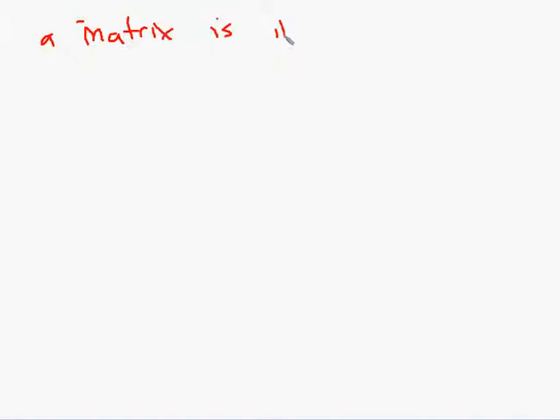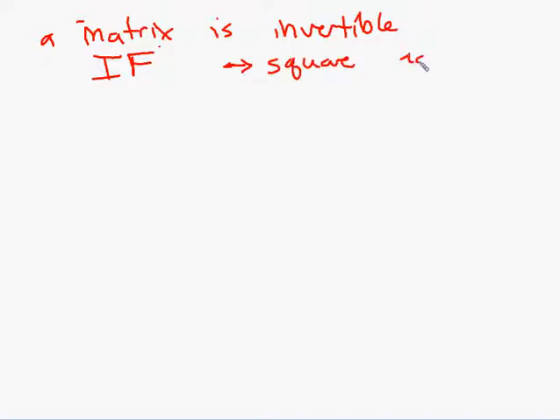So a matrix is invertible, meaning I can find the inverse, if it meets these conditions. First of all, it's a square matrix. It's a square matrix if it has the same number of rows and columns. So if it's not a square, then it is not going to be invertible.